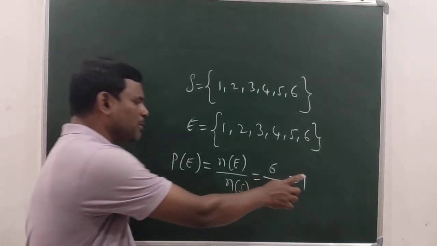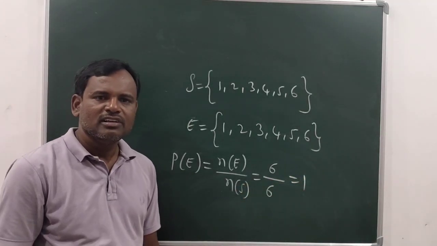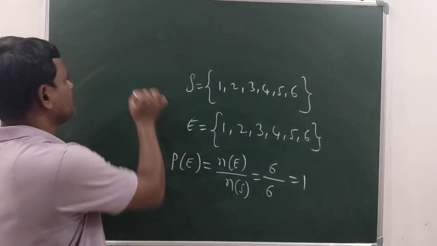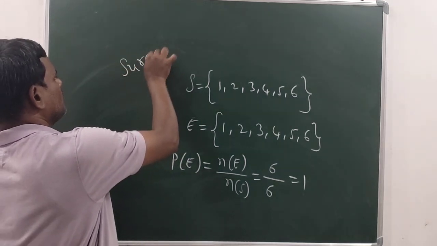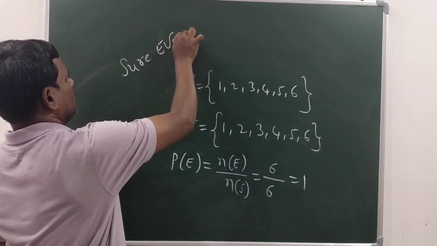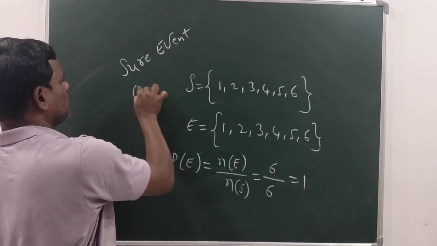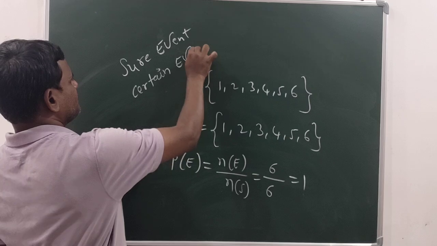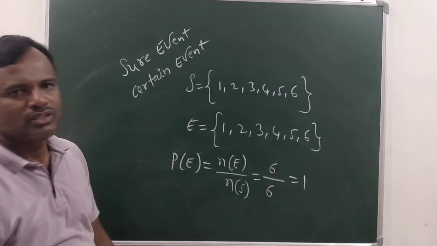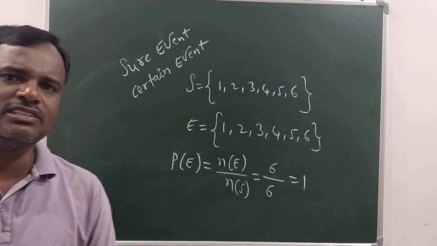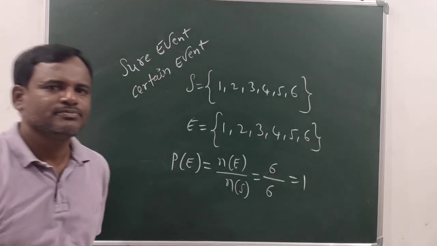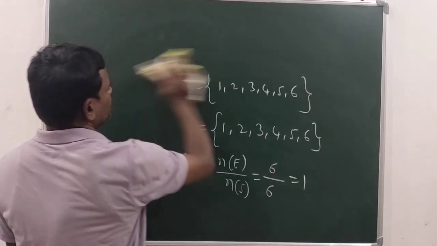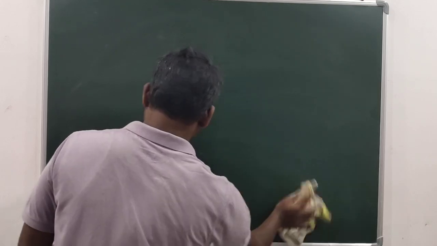Whenever the probability of an event is 1, then such an event is known as a sure event. Sure event, that is also known as a certain event. Okay? Right.